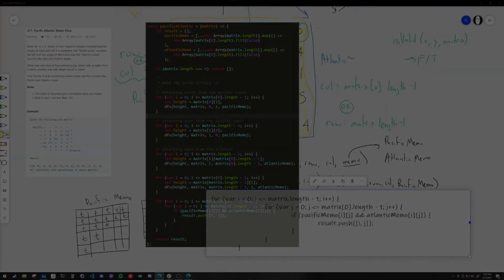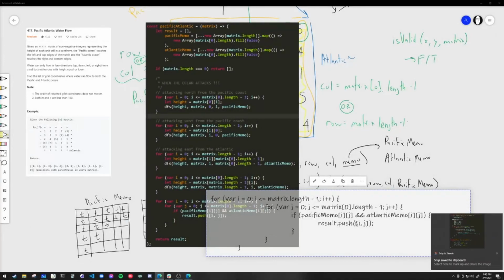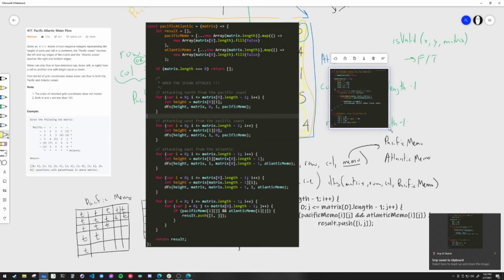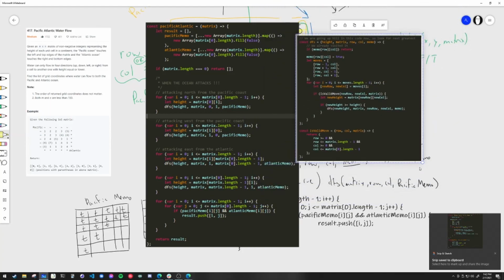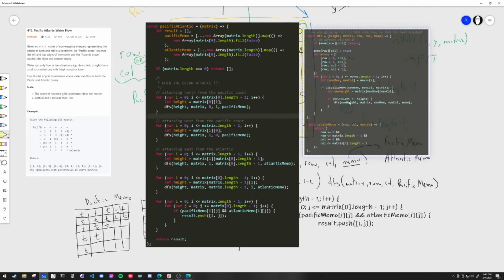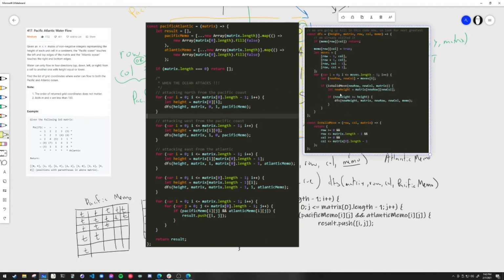And then the DFS solution looked like this. So this is all the code I wrote for this particular problem. Wait, the one on the right is the second implementation. No, this is all what I submitted to LeetCode. Both of these are in the same thing. Gotcha.